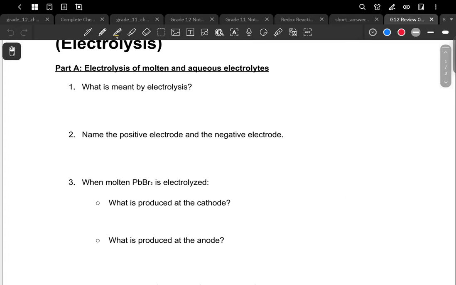So let's get started. The first question is telling you what is meant by electrolysis.